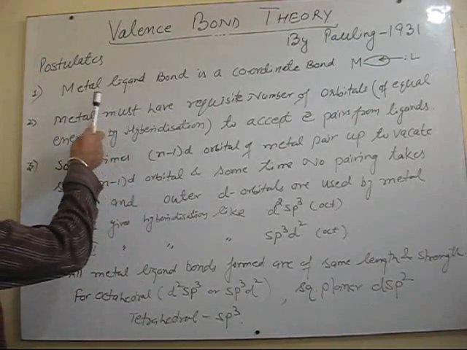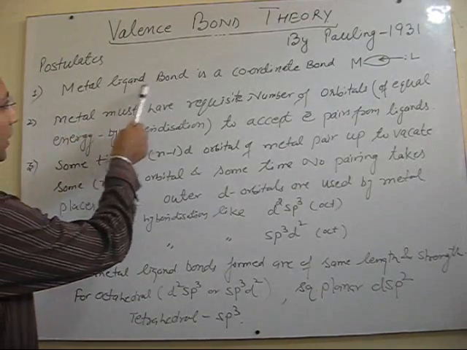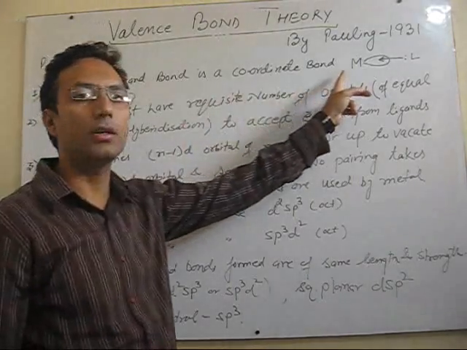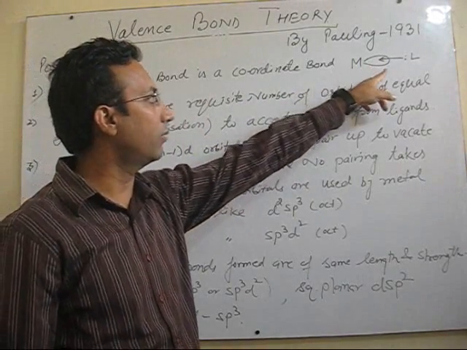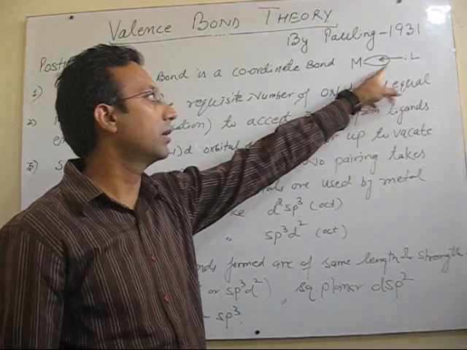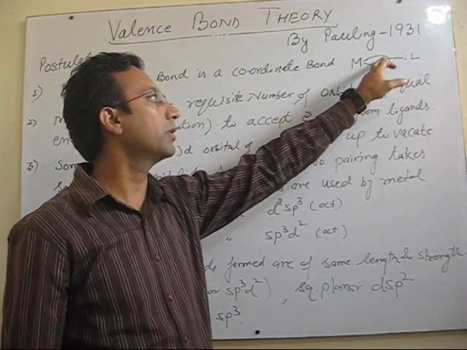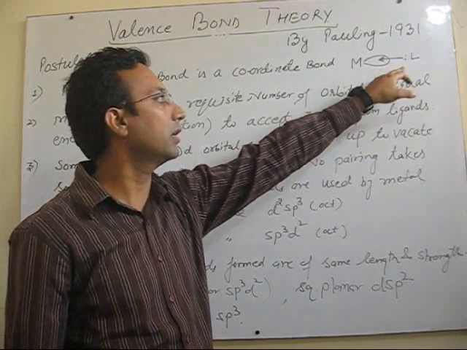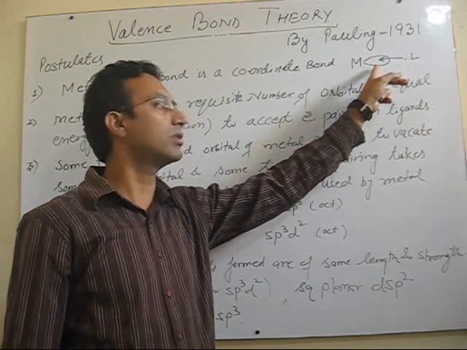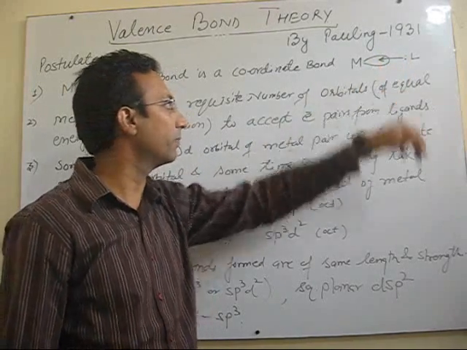The first one, this theory assumes that the metal-ligand bond formed is a pure coordinate bond. That is, the metal vacates some orbitals and the ligands donate their lone pairs into those empty orbitals. That means an additive bond in which the ligand donates electrons into the empty orbital provided by the metal.